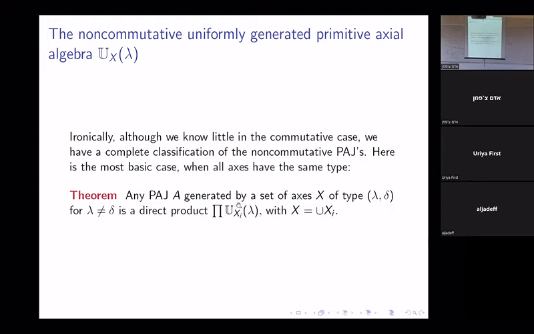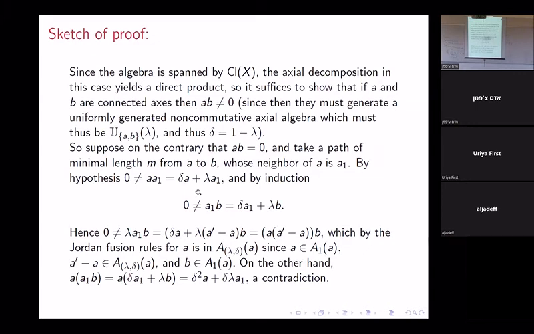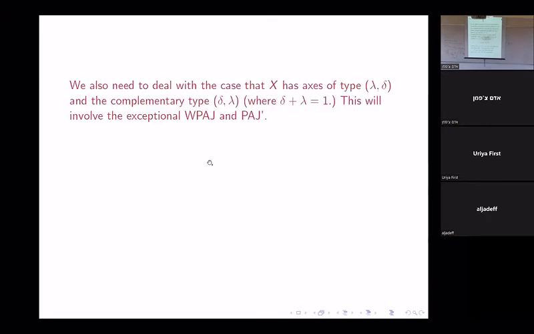If all the axes are generated by non-commuting axes at the same time, then you get a direct product, I think. And I said before that you could have this case.